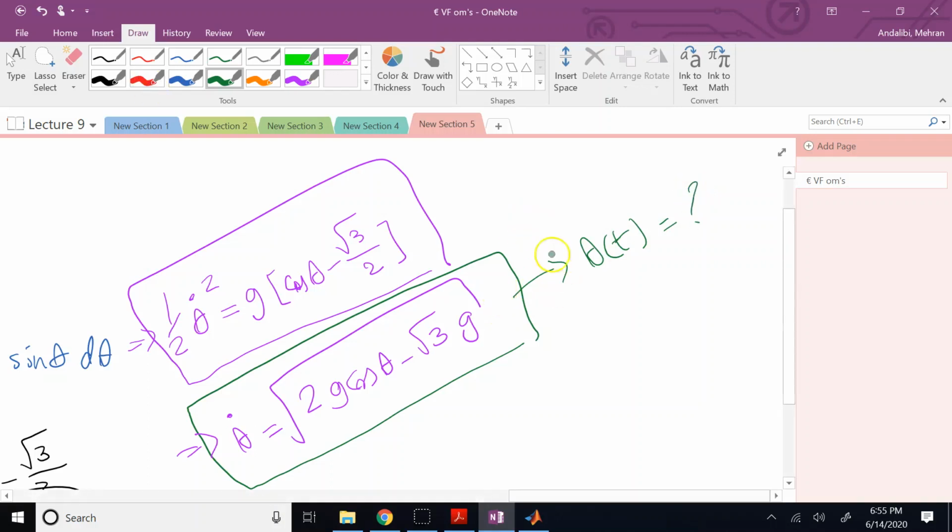There is nobody who has solved this simple thing. It looks simple, but it is really misleading. Nobody could have done this. None. Because it leads to a first order elliptic integral that nobody has solved. And you hear me saying elliptic integral.